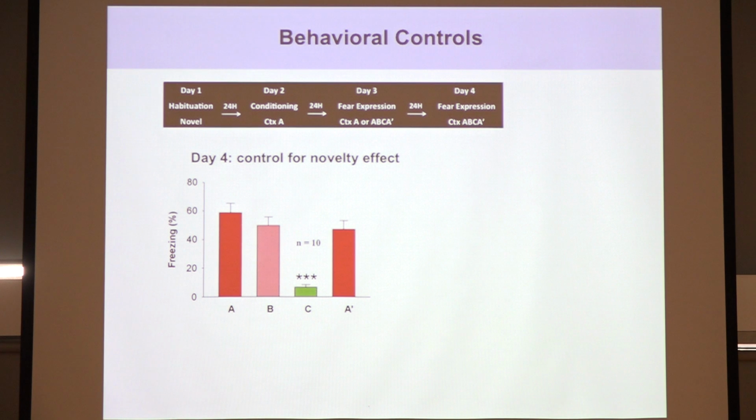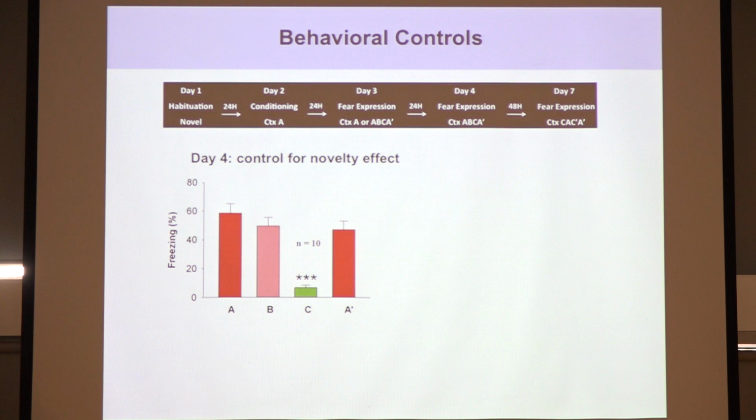And this time we wanted to evaluate whether the low freezing level in context C was due to novelty effect. It could be explained simply by the fact that it's the first time the animal is exposed to the C context, so they could reduce their fear because it's a novel context. So you can see that on day 4, if you re-expose them to ABCA, we get back the same effect, so it's not due to novelty effect.